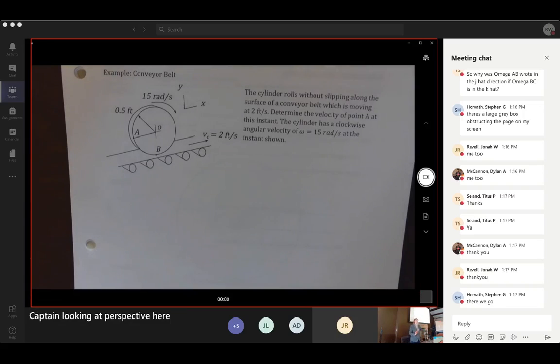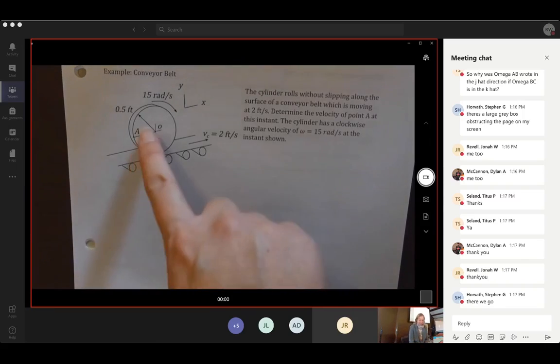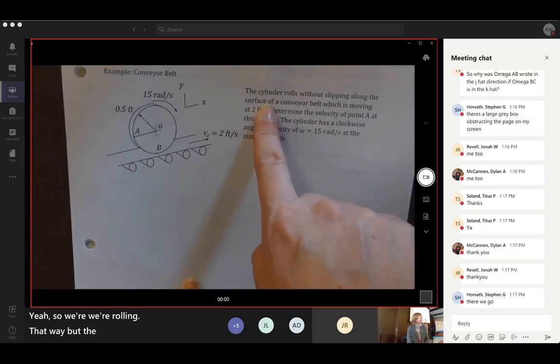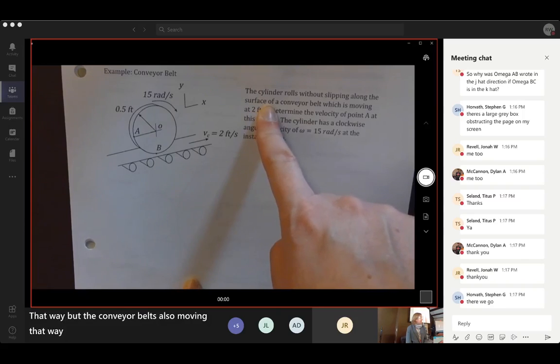So other than the strange drawing, what do you notice that looks a little weird here? Yeah, so we're rolling that way, but the conveyor belt's also moving that way. So it's got super speed.